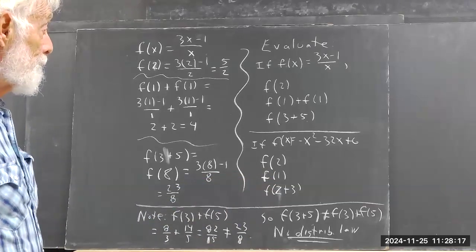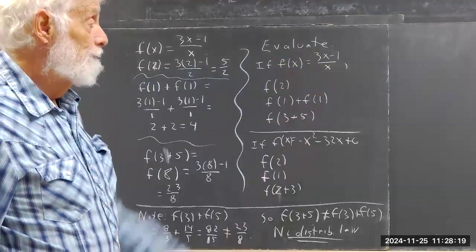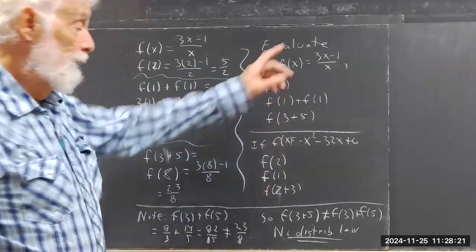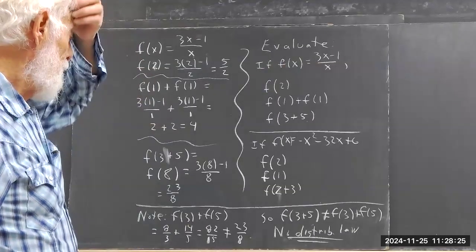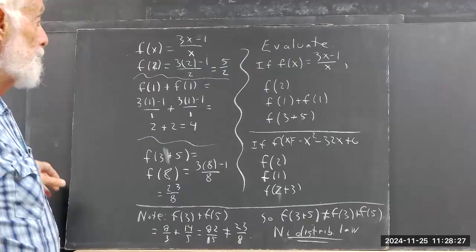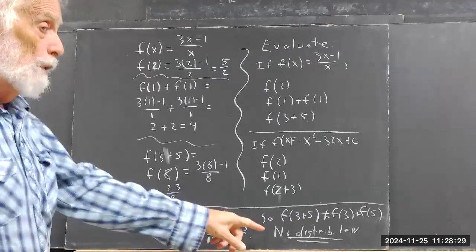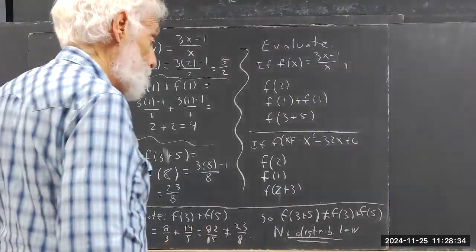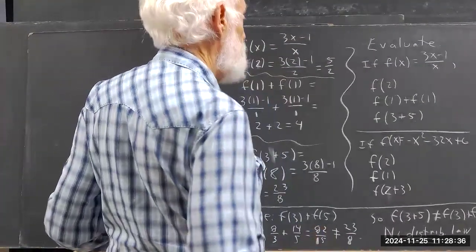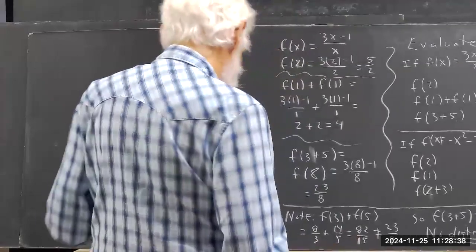So this isn't a linear function. It's not like an mx plus b. Just want to warn you about that. Don't make that mistake. You'll be happier if you don't make that mistake.